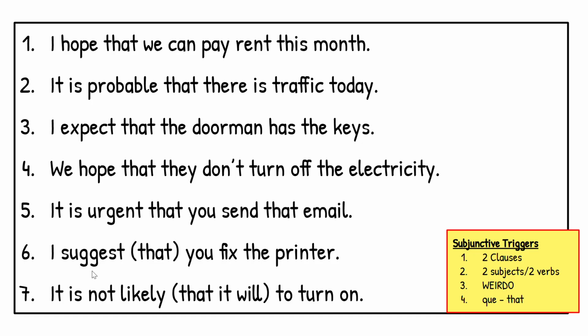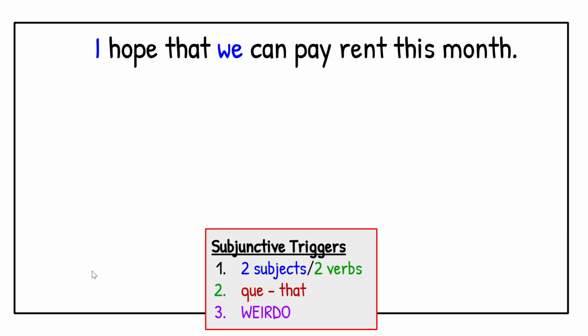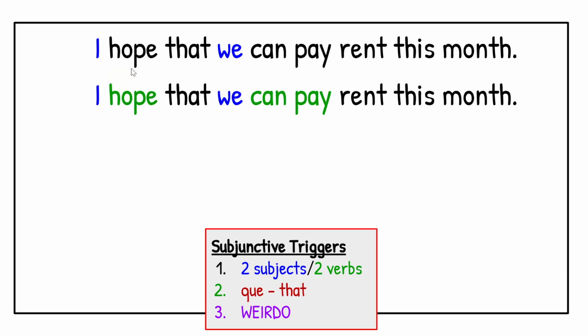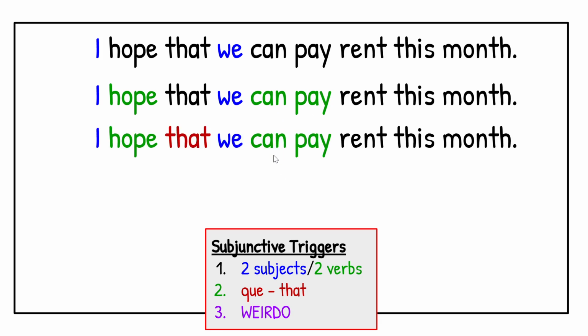Let's do each one of these sentences in English. I hope we can pay rent this month. Let's look down. The first trigger for subjunctive is we have two subjects. Do we have two different people in that sentence? Yes, I and we. Let's check if we have two verbs. Hope, I hope, yes. And another set of verbs, we can pay, yep. Third criteria, do I have the word that?